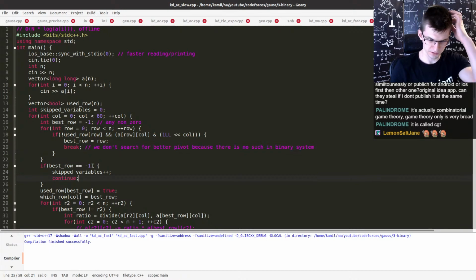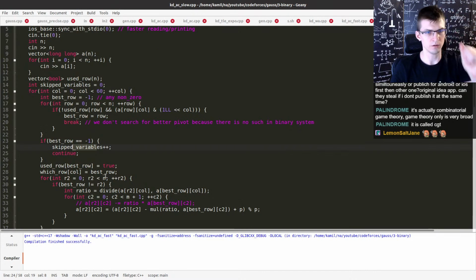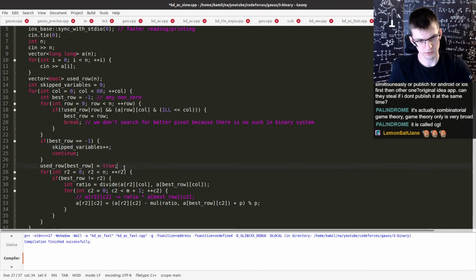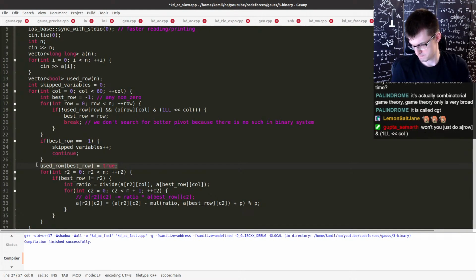If best row is -1, right, used row, yes, I need that, but I don't need you. Alternatively, we could swap. Do you see any advantage of swapping over what I'm doing, marking rows used? Won't you just do a row swap? Oh yeah, of course. This doesn't compile because it's a one-dimensional array. Thanks.